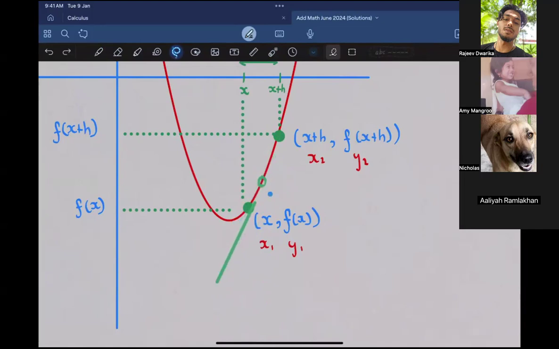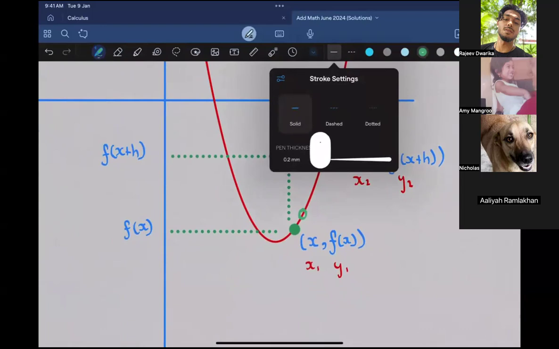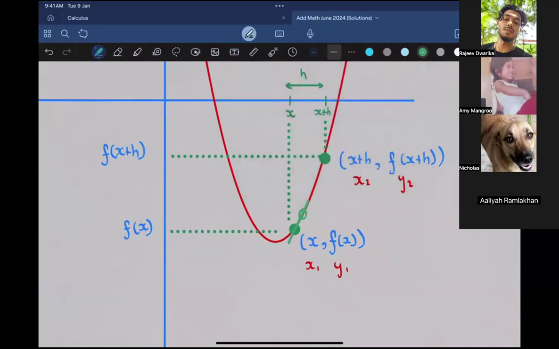What if I take the point and move it even closer now? What happened there? Would it line up even more? Yeah. Aliyah, is it lining up more? Yeah.